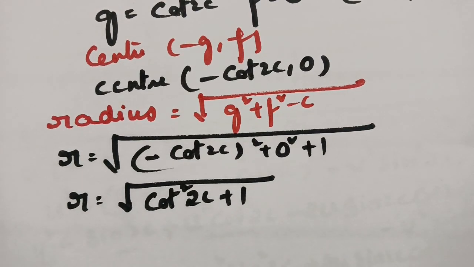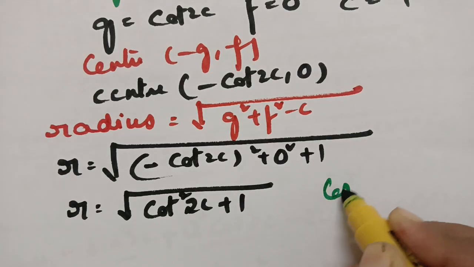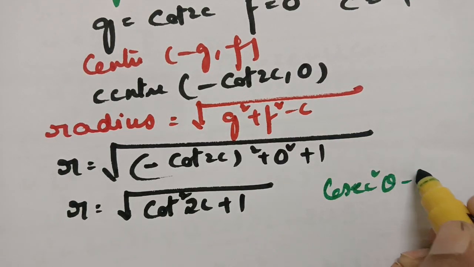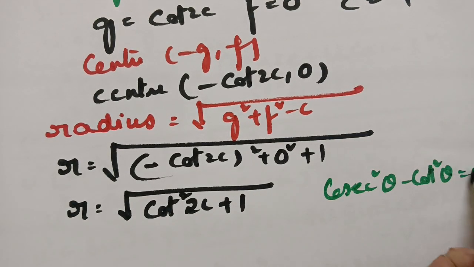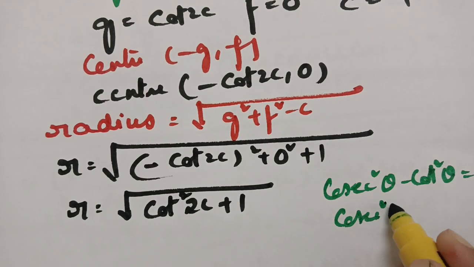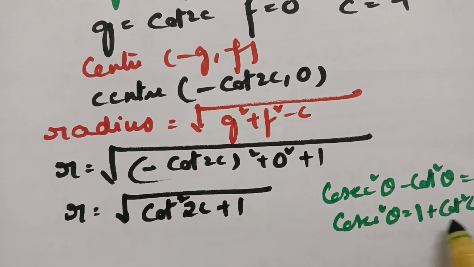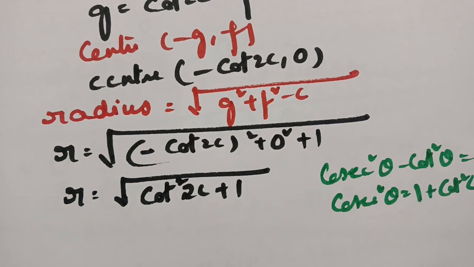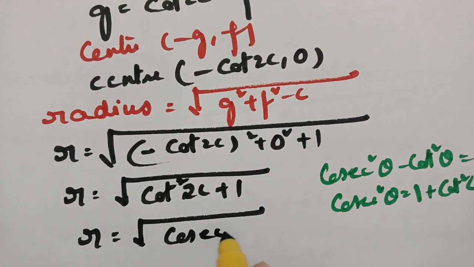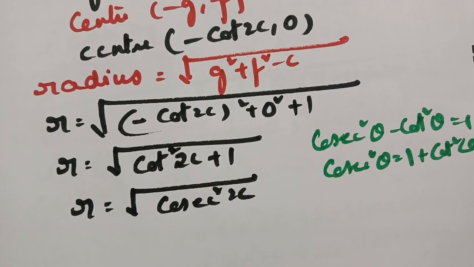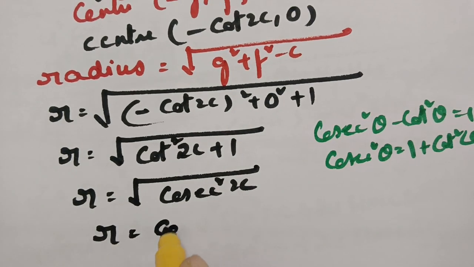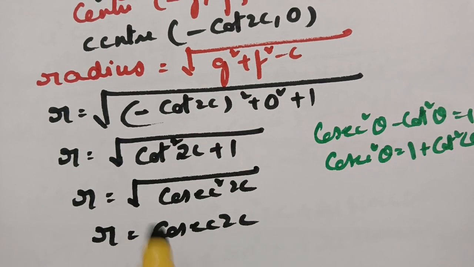As you know, cosecant square theta minus cot square theta is equal to 1, and cosecant square theta is equal to 1 plus cot square theta. So in place of 1 plus cot square theta, I am going to substitute cosecant square theta. So r is root over cosecant square 2c, which is cosecant 2c.